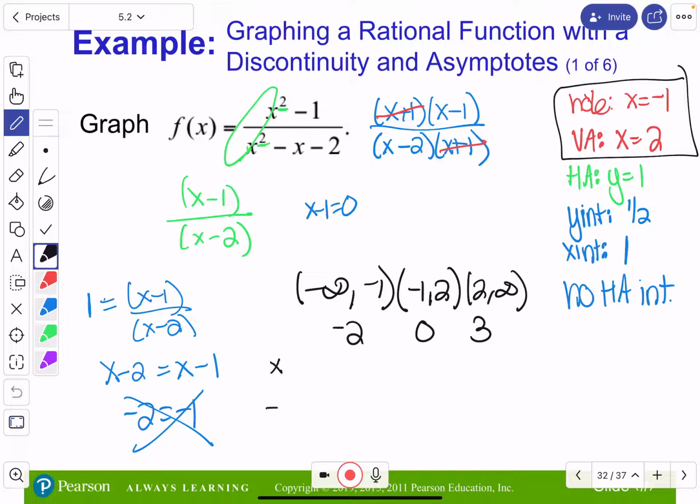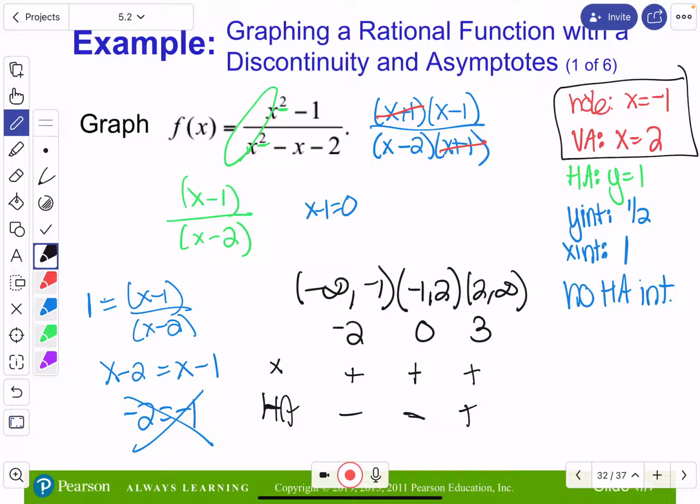So it's above the x-axis, but below the horizontal asymptote. If I plug in 0, I get 0.5, which is above the x-axis, below the asymptote. And if I plug in 3, I get 2, which is above the x-axis and above the asymptote.